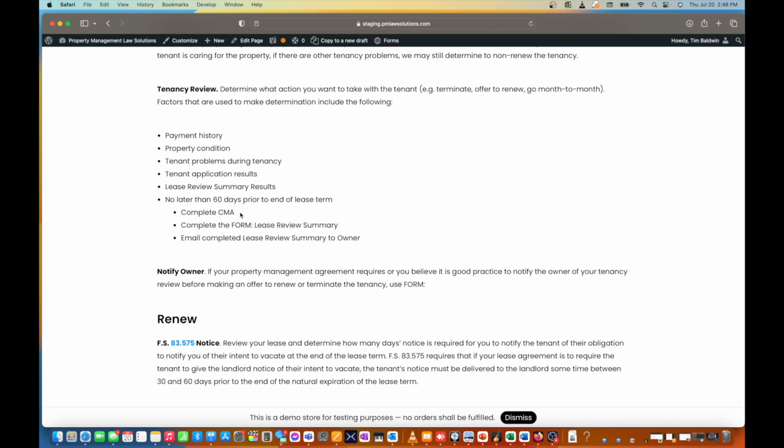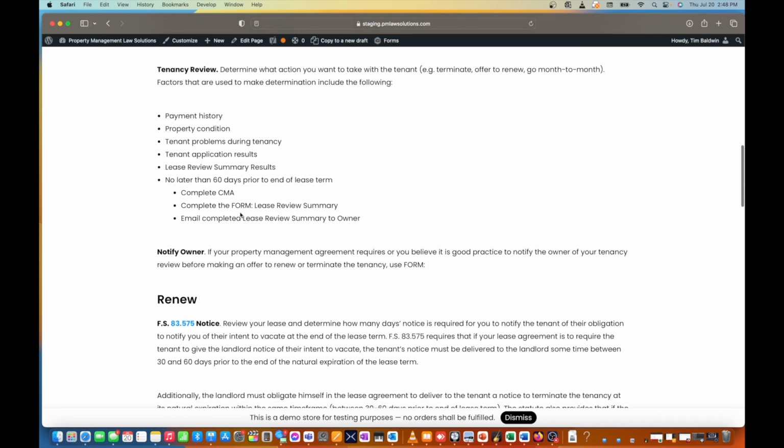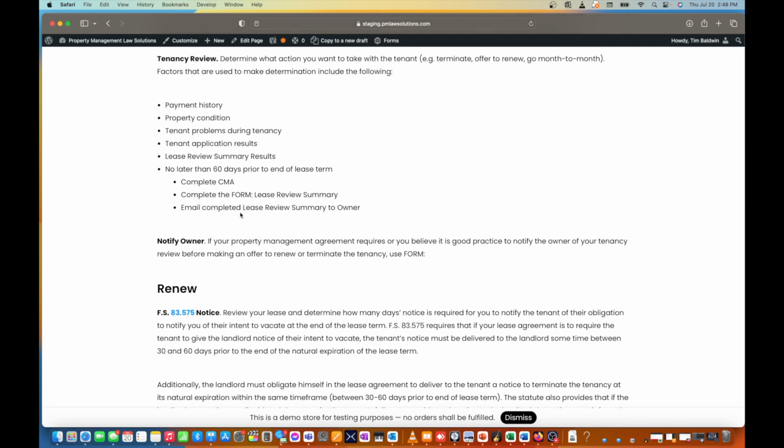Ultimately, the decision of where to set the rent is up to the broker or the authorized licensed property manager. But that is a part of the process of determining whether we're renewing this tenancy or if we are, at what rental rate.